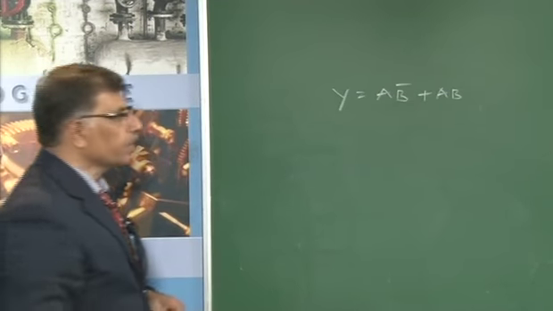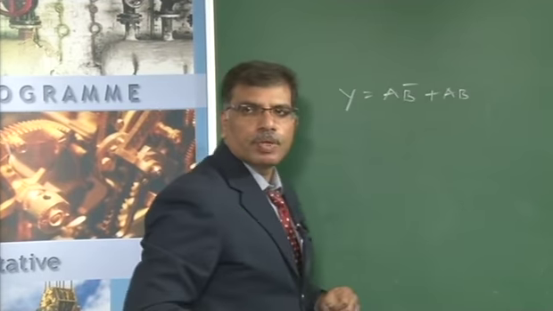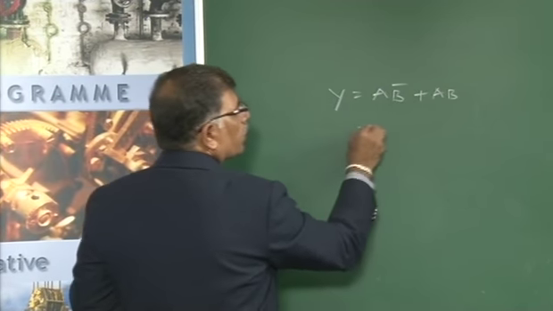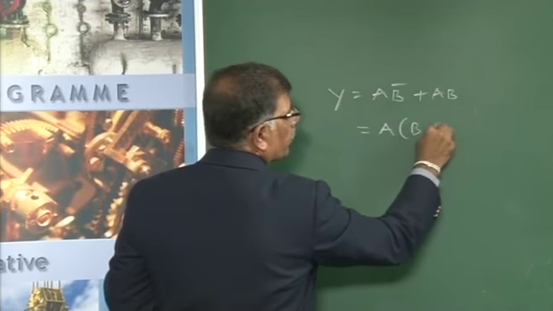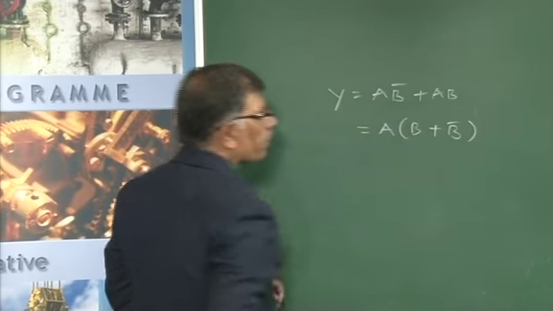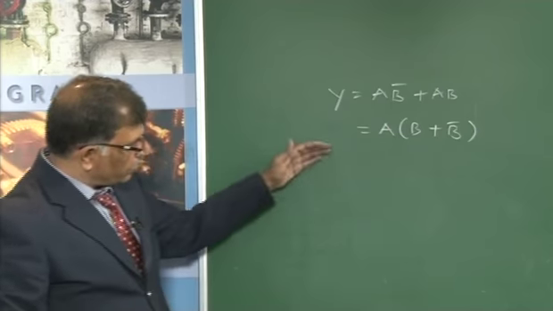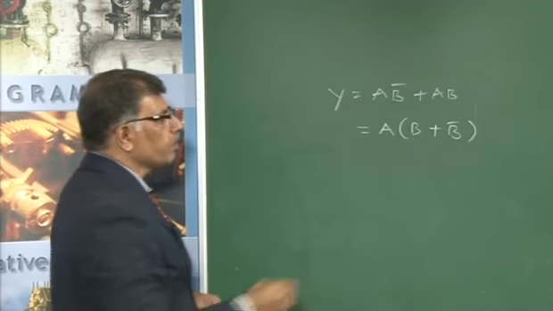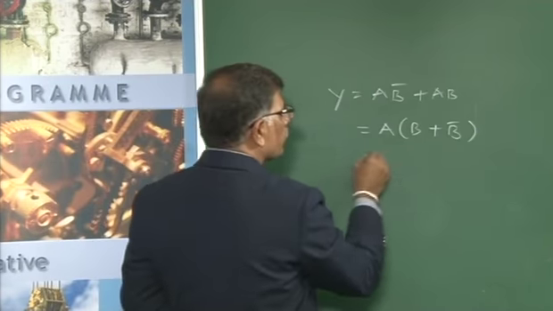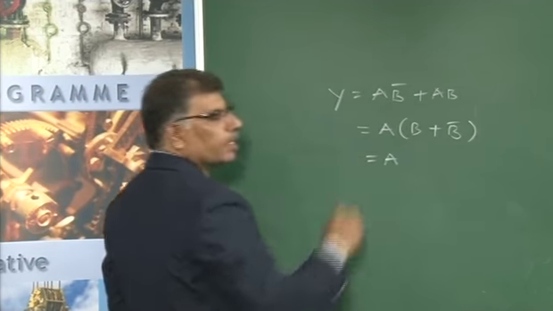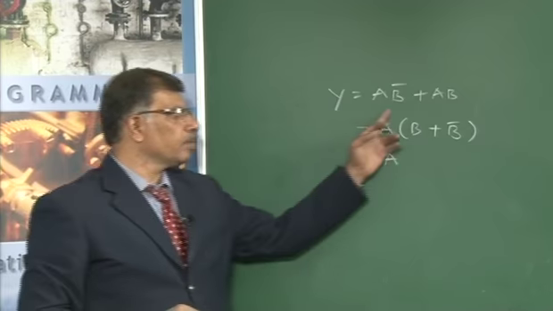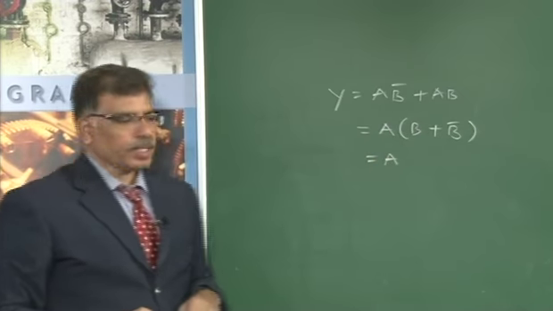Here I can take A as a common factor. So it becomes B plus B bar. According to the equation we wrote previously, B plus B bar, or A plus A bar, is equal to 1. So the simplified form of this logical expression is nothing but A itself, so that you can reduce the number of terms.